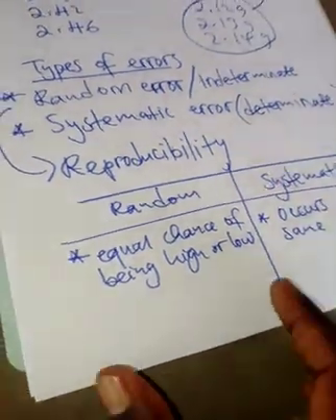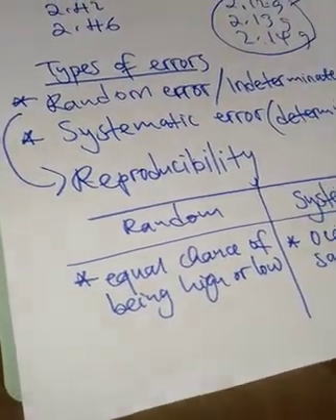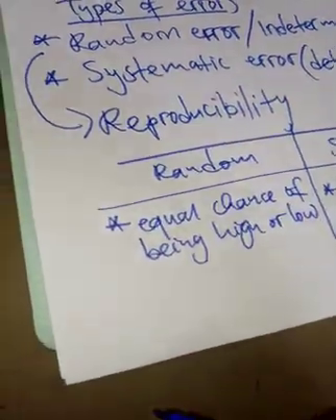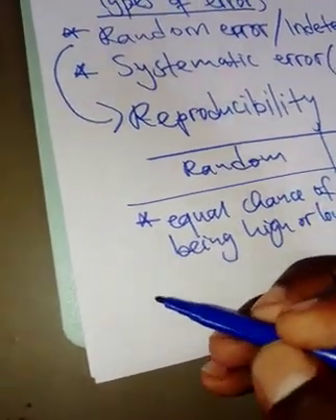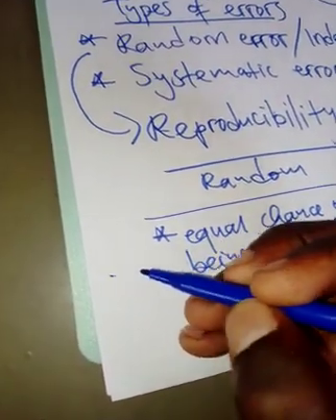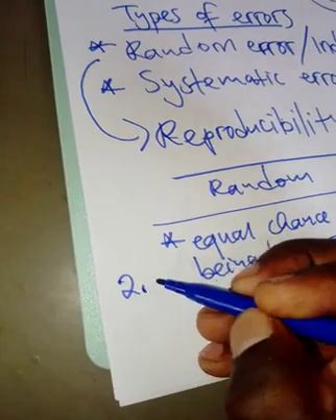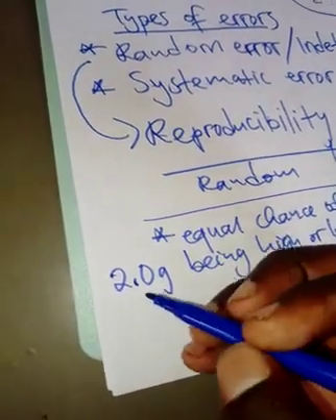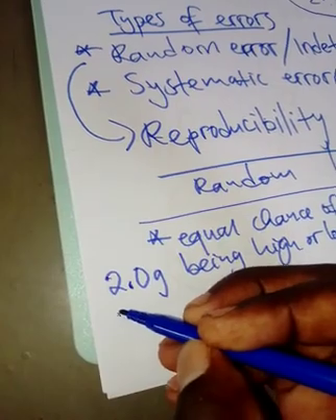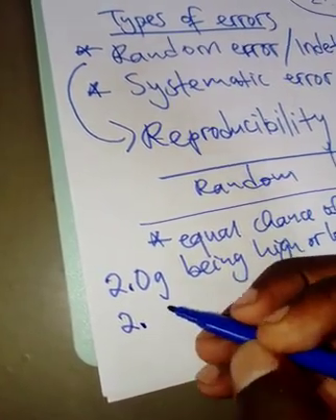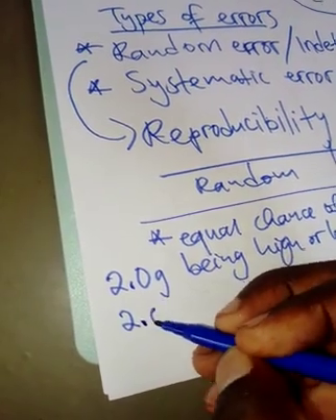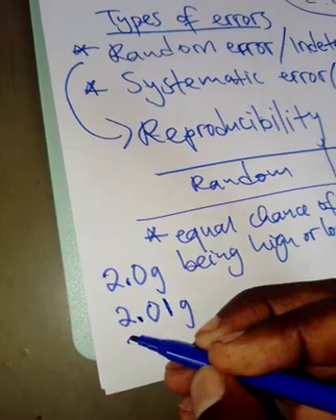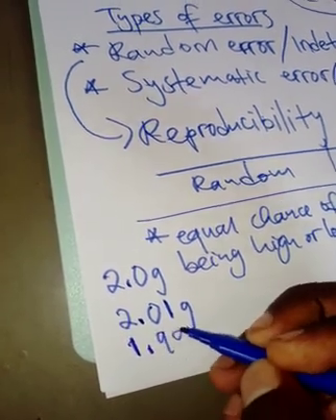So what do we mean when we say for a random error, a measurement has equal chances of being high or low? For example, let's say we are measuring something and it has a true value of 2.0 grams. Then the first measurement is 2.01 grams. Second measurement we find 1.99 grams.